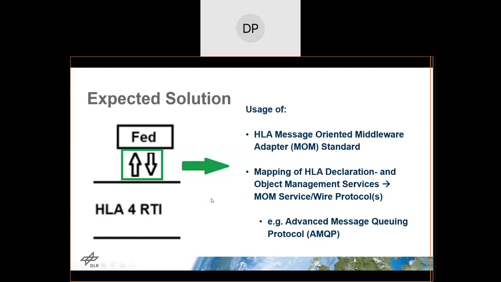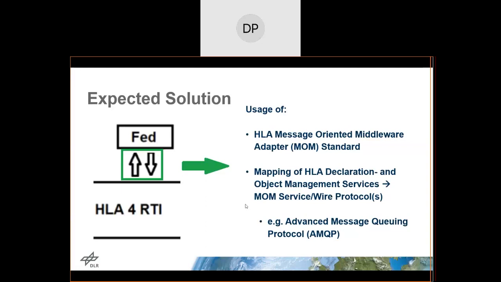And what is expected for this HLA4? It is expected that you can use an HLA message-oriented middleware adapter standard where HLA object management and declaration and time management services are mapped on message-oriented middleware via protocols, and Advanced Message Queuing Protocol, the AMQP, is one of the candidates for that.